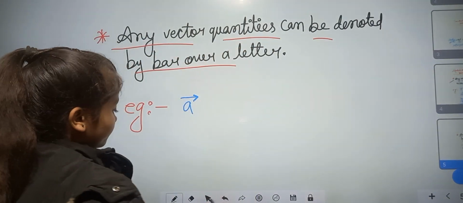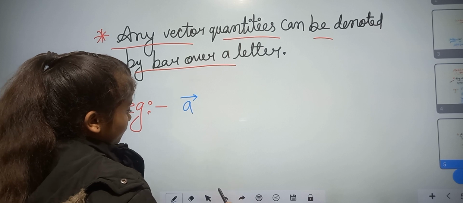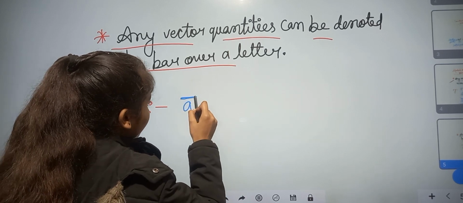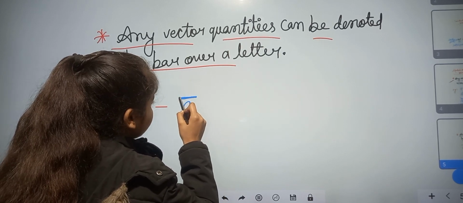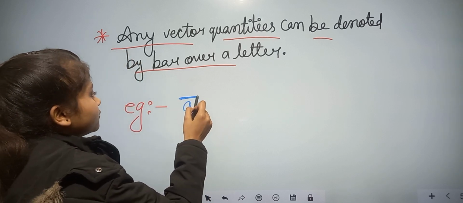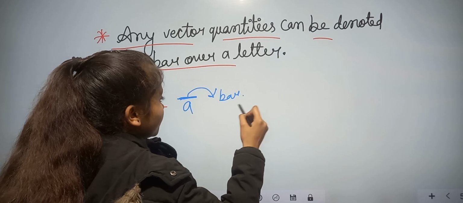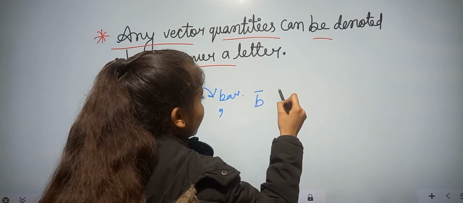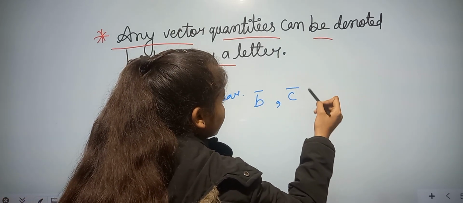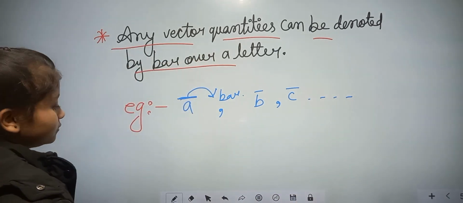If we don't give the arrow, this one is called a bar over a letter, and so on.